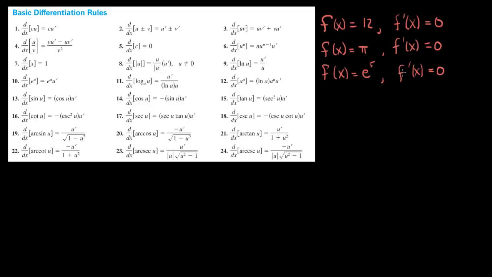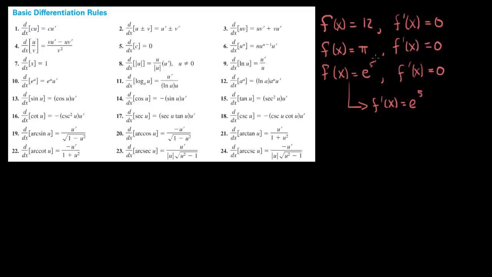All those are constants, so all the derivatives are 0. Even the ones that look funny. We think of constants being 1, 2, 3, 5, whatever, 12. But even when the constants look funny, just remember that. You might have constants that, if you're not paying attention, look like a function. I had a lot of students say that the derivative of this was e to the 5th.